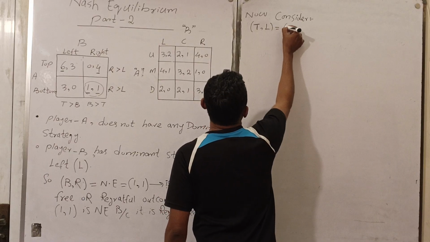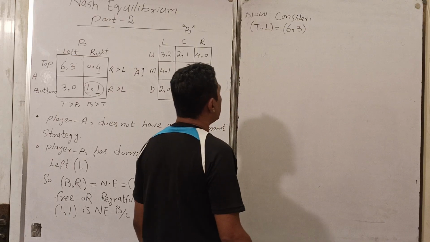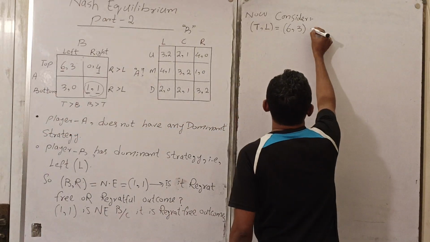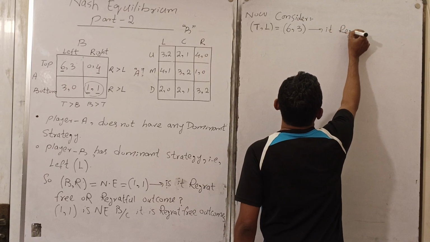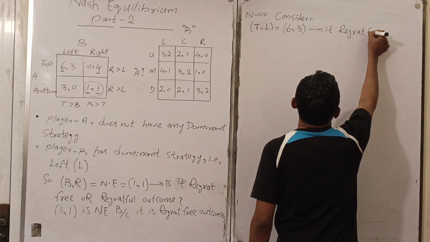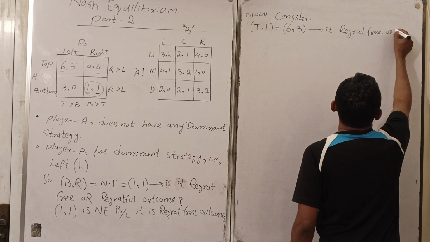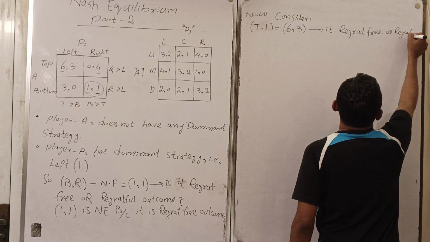This is 6, 3. Is it a regret free or regretful outcome?